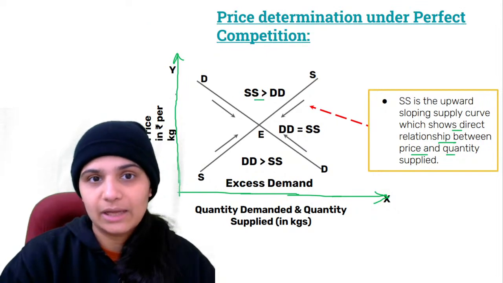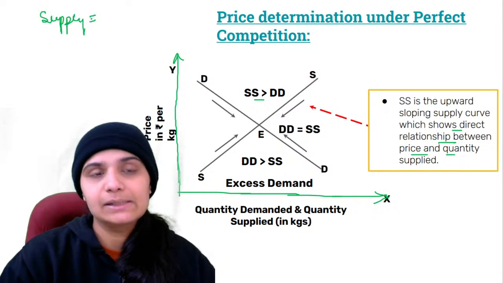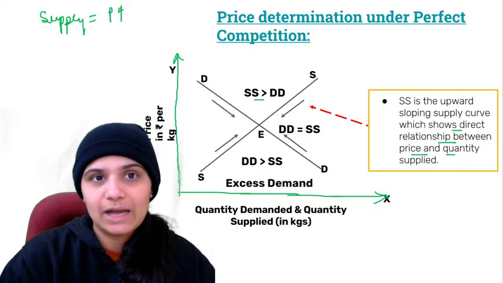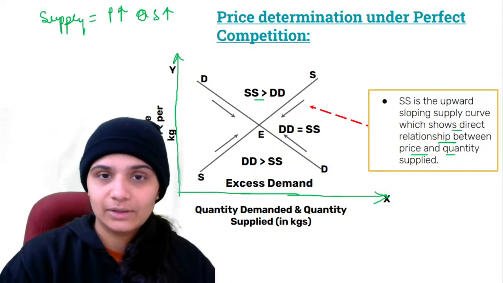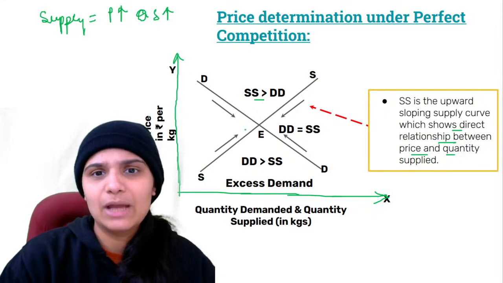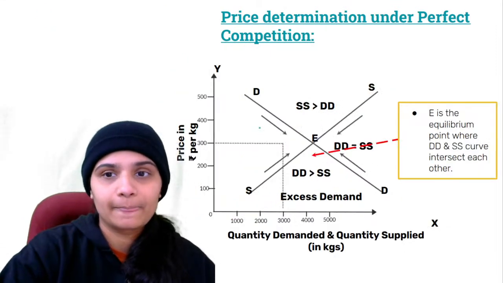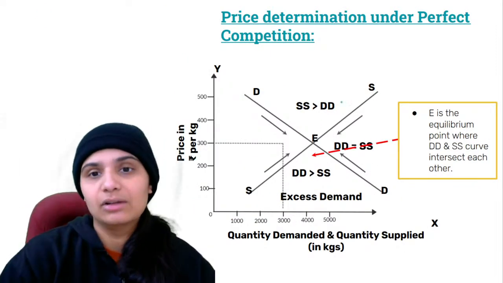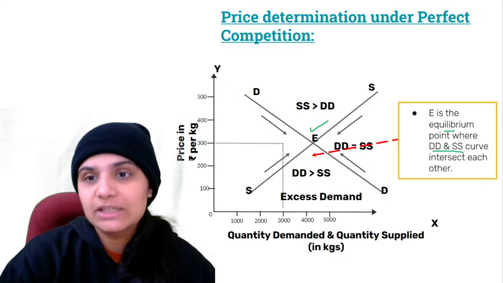For supply, the general rule that is applicable is: if price is going up, your quantity supplied is also going up. We have combined the supply rule and the demand rule and came up with the equilibrium. So E here is your equilibrium. It's the point where your DD intersects your SS.